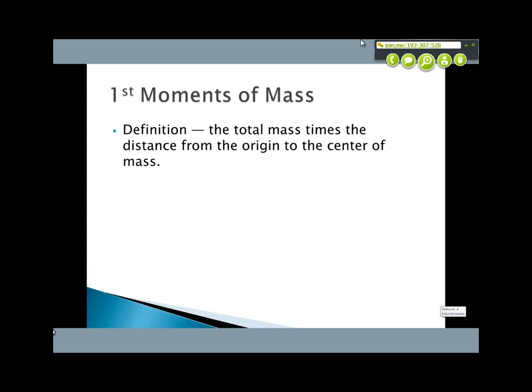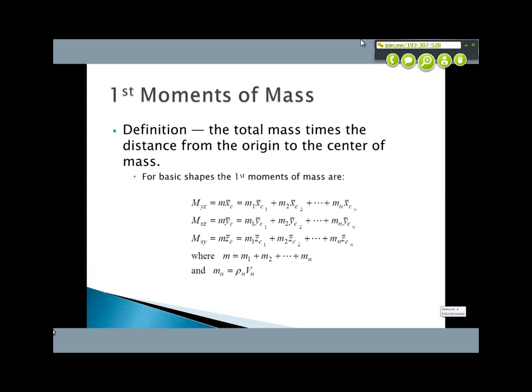So then we talk in terms of not first moment of volume, we leave that behind and move on to, again, a more common calculation, and that's the first moment of mass. It's really the total mass times the distance from the origin to the center of mass.